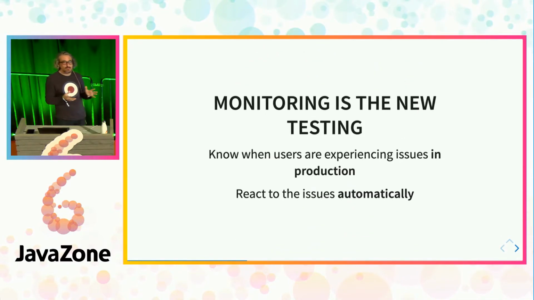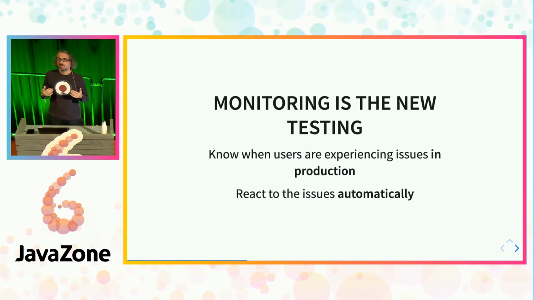So one thing I like to say is monitoring is the new testing, because you know when the users are having issues in production, and you can respond to these issues automatically, right? With unit testing, integration testing, typical traditional testing, you can only test what you think may fail, but users will always find a way to break your application in very new and interesting ways.